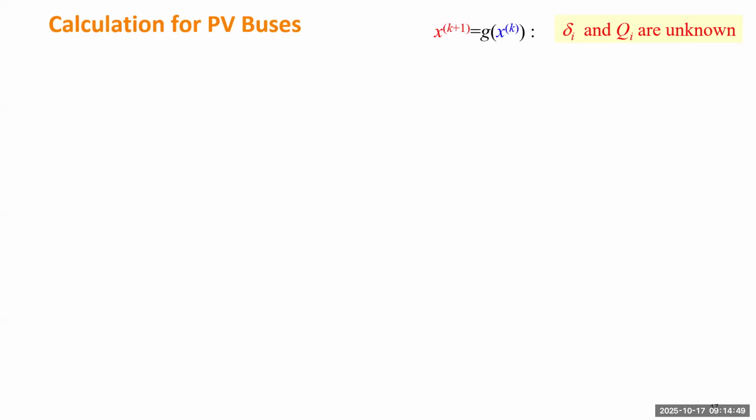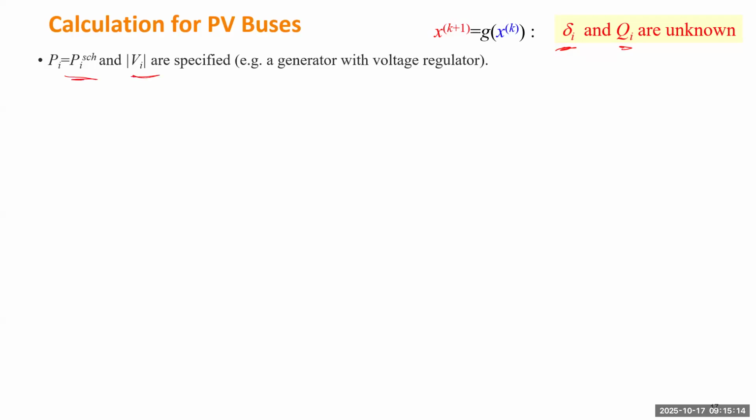For PV buses, we need to solve voltage angle and reactive power. So we need to utilize the two different equations. The first equation calculates the voltage phasor, but we take the angle value. The second equation calculates complex power, and we take the imaginary part for Q. For each PV bus, we know P and the voltage magnitude, so those are known.